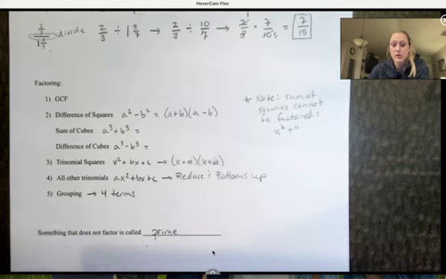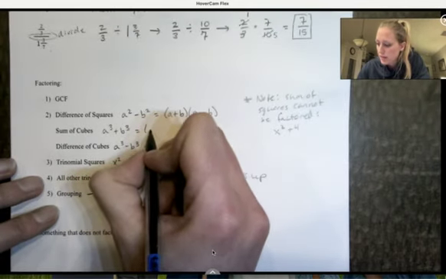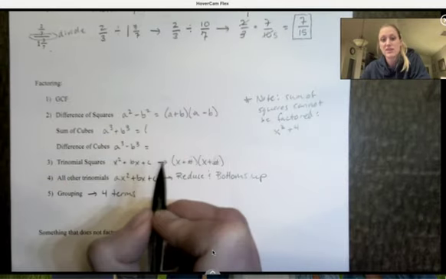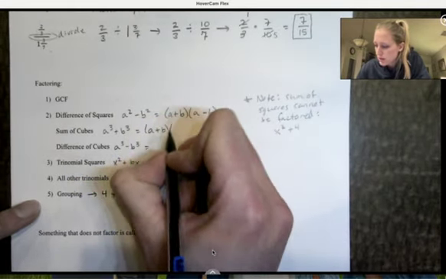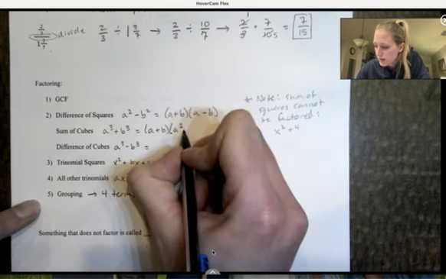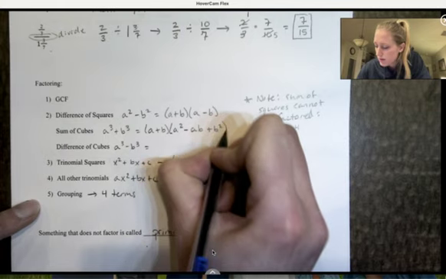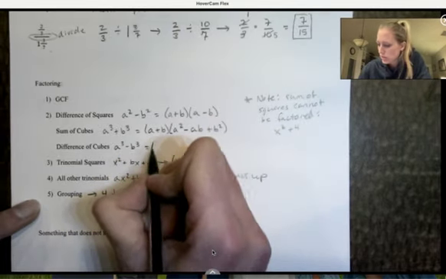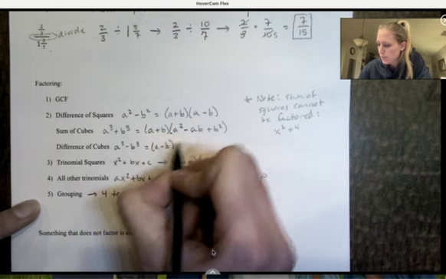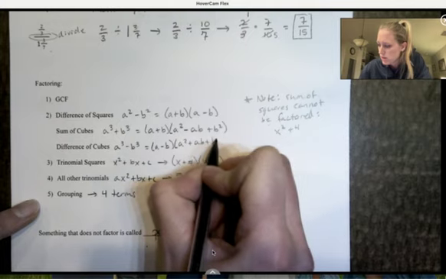Now cubes, we can, because I can take the cube root of a negative. So these factor into, if I have two things I can take the cube root of, a plus b times a squared minus ab plus b squared. The difference is really similar, but the signs change a little bit. If it's subtraction, it's a minus b first, and the rest is the same with addition.